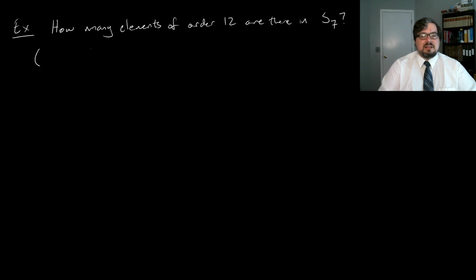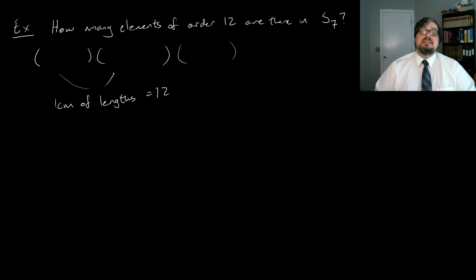We can imagine how we can set up some cycles where we want the least common multiple of the lengths to be 12. And we might have more things here. This is going to be limited by the number of elements that we have to work with, because we need all of these to be disjoint. So we want to make sure that the least common multiple of all these lengths is 12.